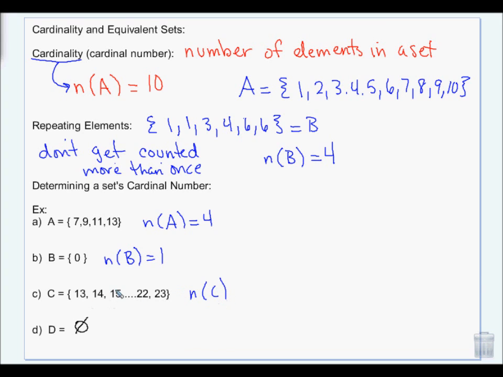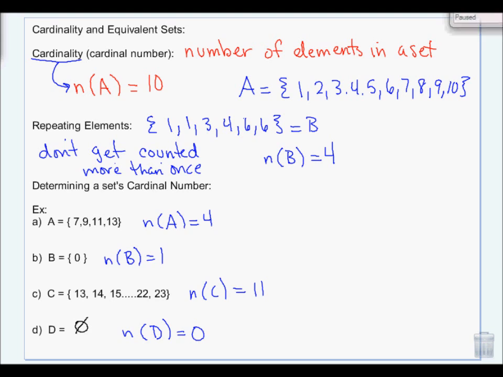Now I didn't list all of the elements, but I'm going between 13 and 23 here, so I had to do 13, 14, 15, 16, 17, 18, 19, 20, 21, 22, 23. So that's 11. And if I have an empty set, the cardinality is 0? Yep. If you have an empty set, there are no elements in it, so your cardinality is 0.